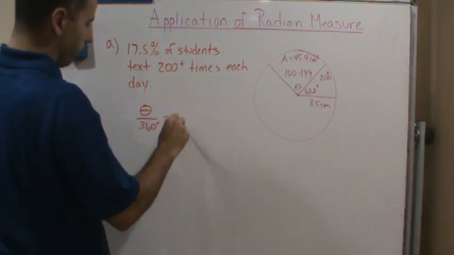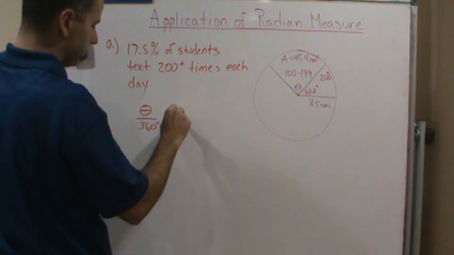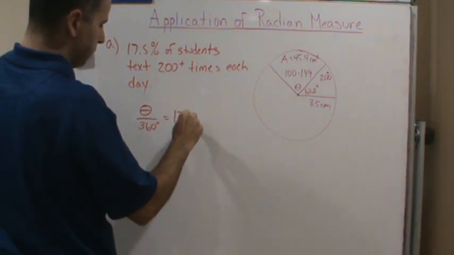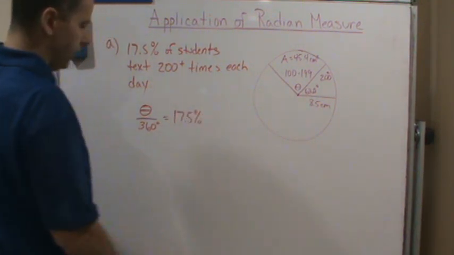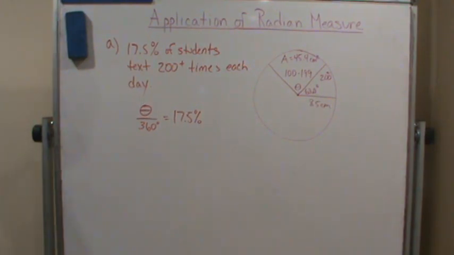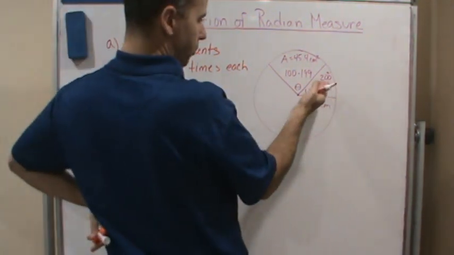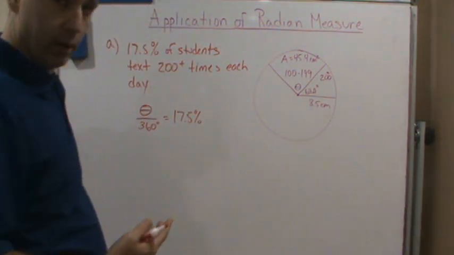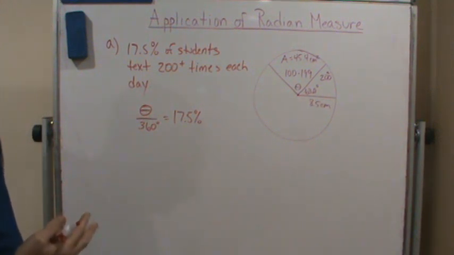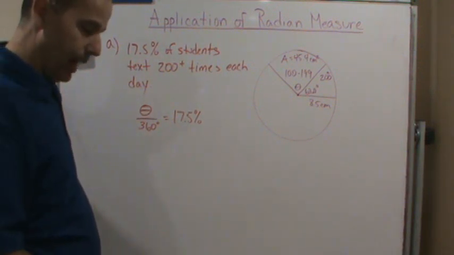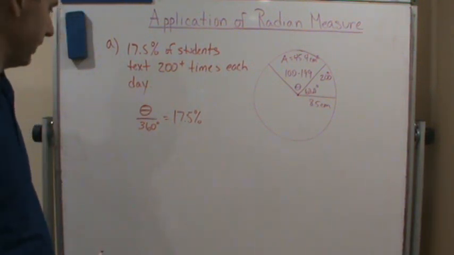equals 17.5% of the circle, right? Because the wedge is supposed to represent the proportion of the circle, and the proportion also represents the percentage of objects or subjects that fall into that category.